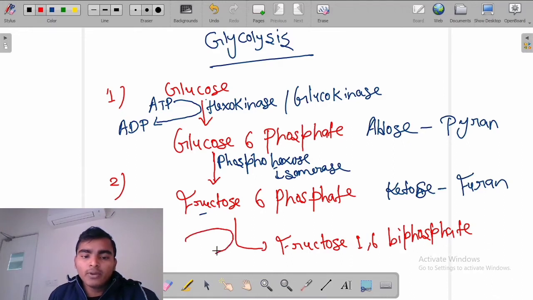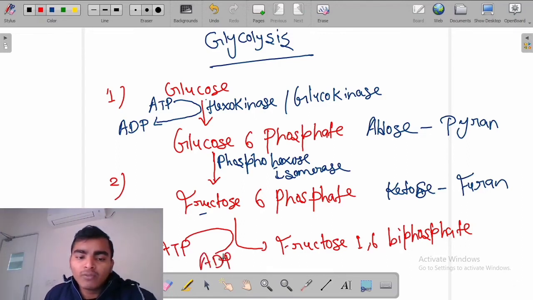This phosphate comes from ATP, and ATP will be converted into ADP because the inorganic phosphate is utilized by fructose 6-phosphate.